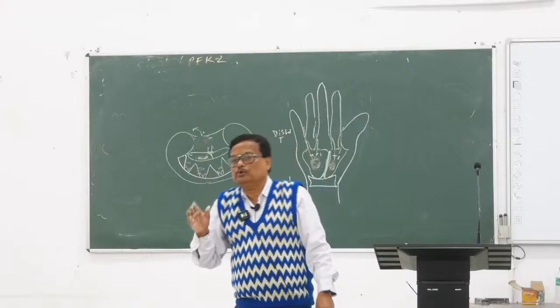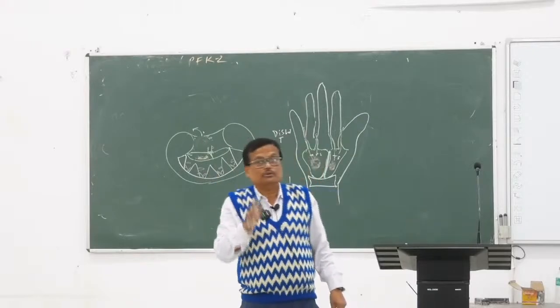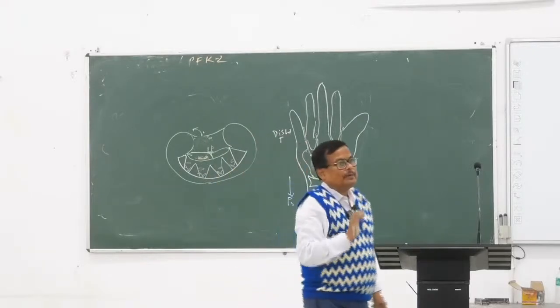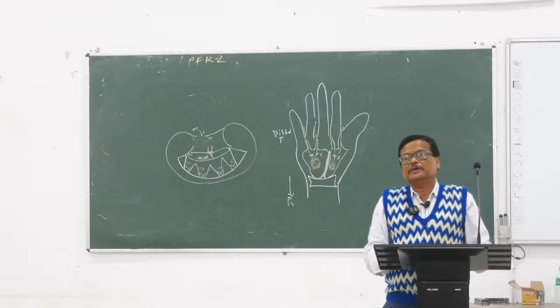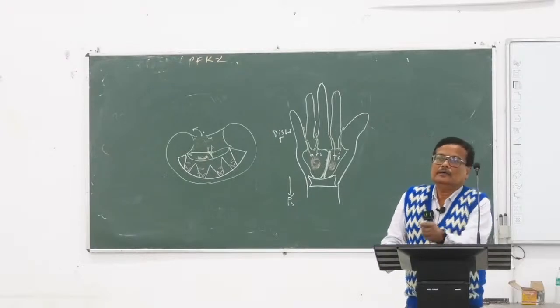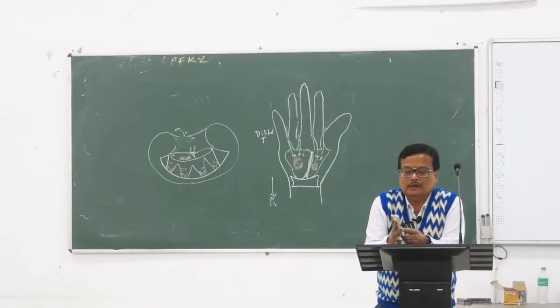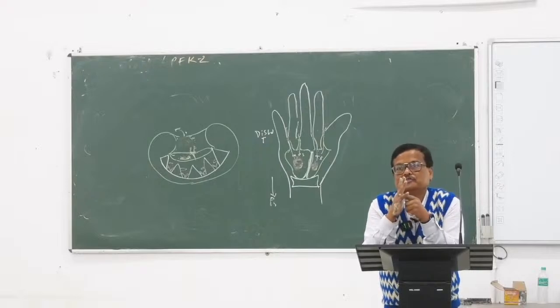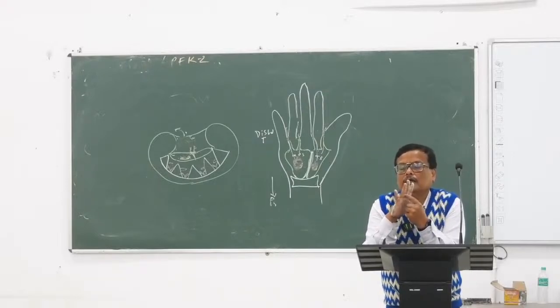So the ideal approach to drain the infection, which is common in the mid palmar space or ulnar space, is incising the skin at the web spaces. In case of the mid palmar space, third and fourth, and in the thenar space, first and second webs.